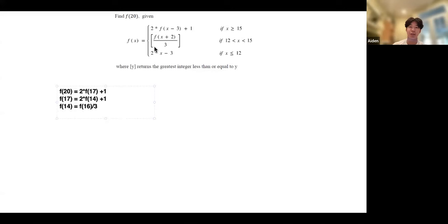So now we need to find what f of 16 is. Since 16 is greater than 15, once again, we go back up to the first equation. And 16 minus 3 is 13.